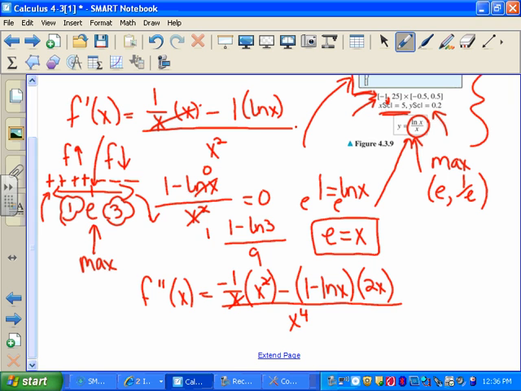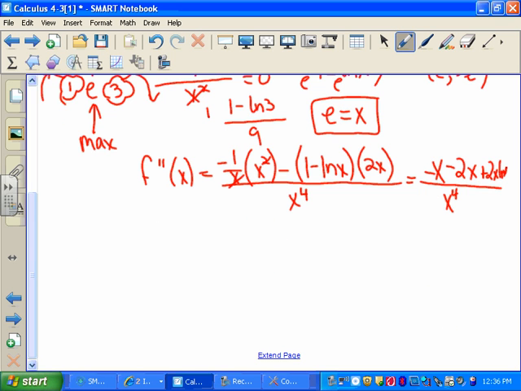So I can see some simplification happening here. I'm going to get negative x minus 2x plus 2x ln x, all over x to the fourth.